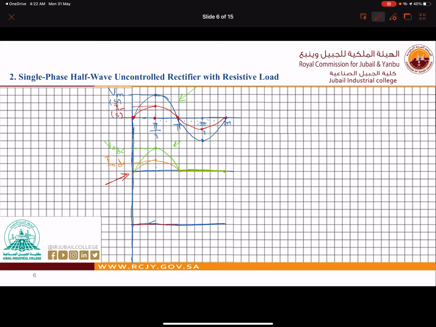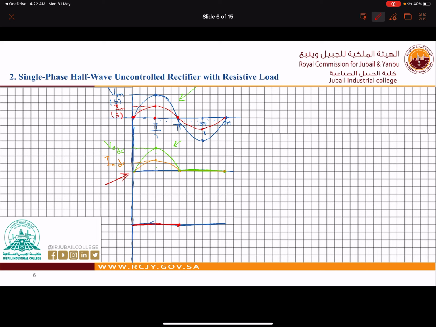There is no voltage, so we can draw until pi here. Now once the diode is reverse biased, it will act like an open circuit. Then we will have our voltage, of course, since we get rid of the negative portion. So the voltage across the diode will be the remaining of the supply.